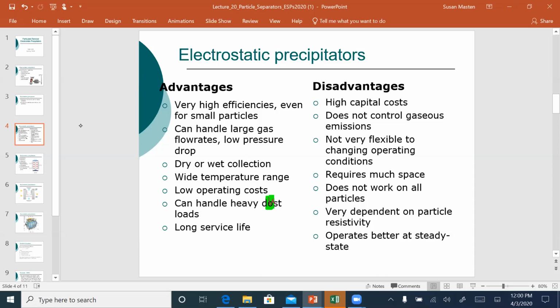Or if you have particulates and NOx, they'll remove the particulates, but not the NOx. The other problem is that once you have installed these, they're not very flexible if there are changes in flow rate, if there are changes in operating conditions.